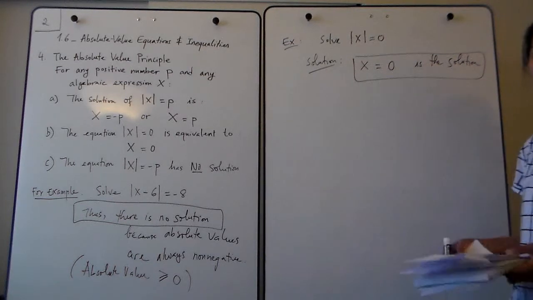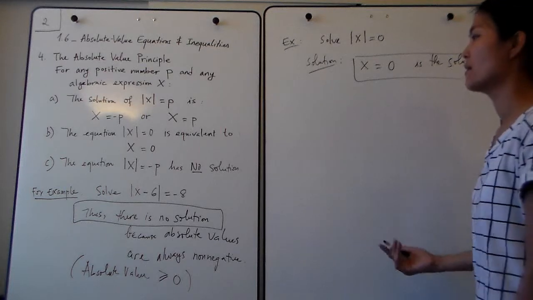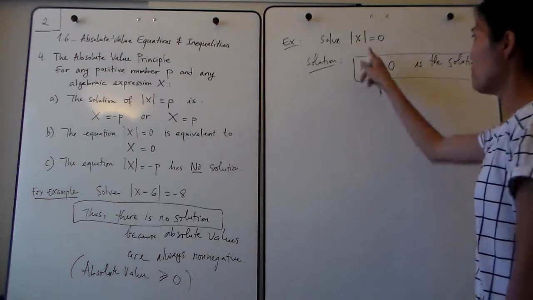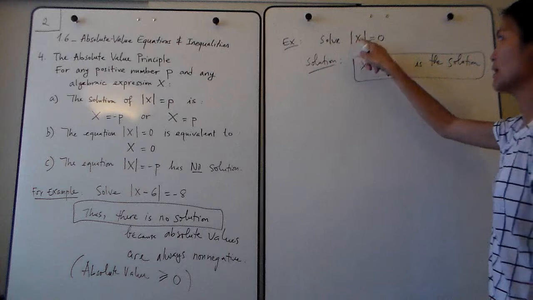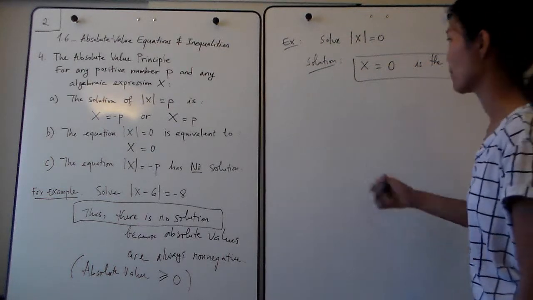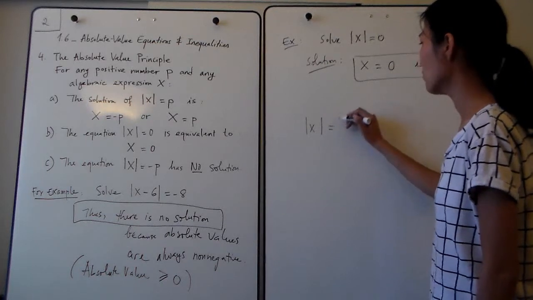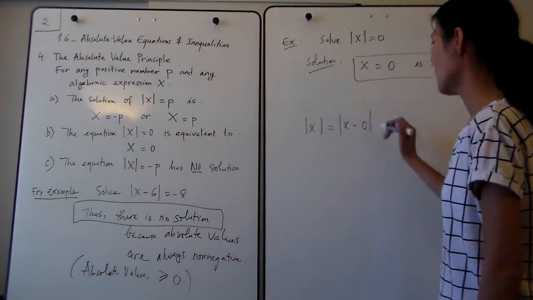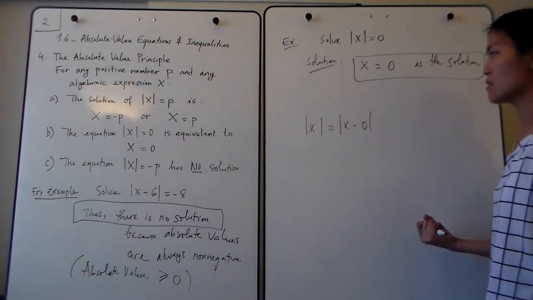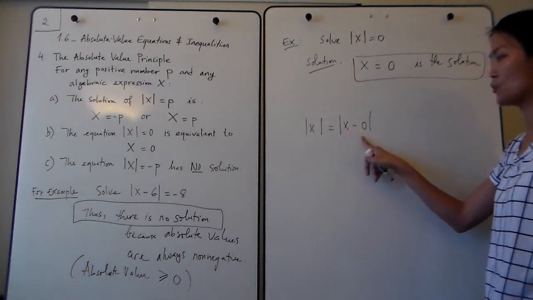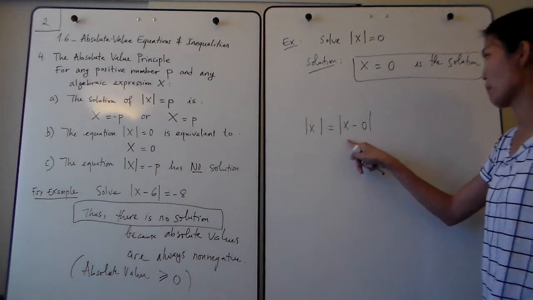Now to help you understand what it means, remember the absolute value means a distance from something to something, right? You think about x as equivalent to x minus 0. So what it's saying is the distance between x and 0, or from 0 to x.